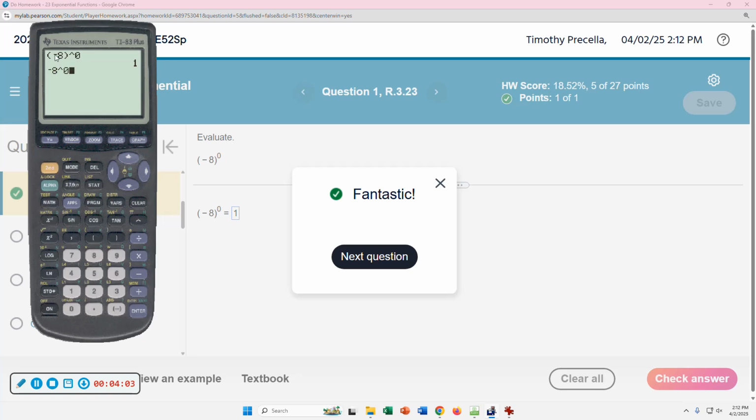If you want to raise a negative number to a power, it has to be in parentheses. Look at what we get if we don't put the parentheses around -8. It's going to give me -1. So if you're raising a negative number to a power, make sure you put parentheses around it.